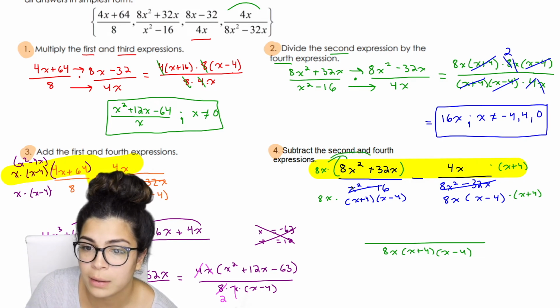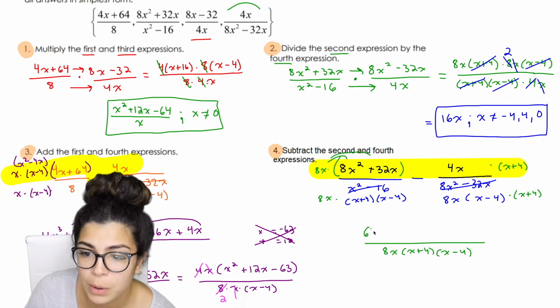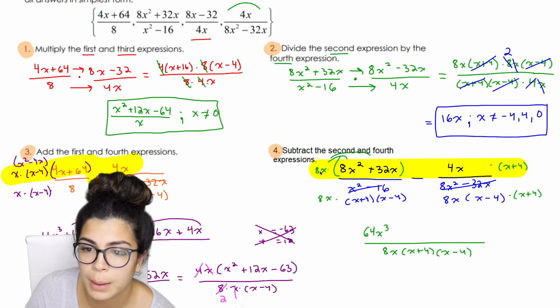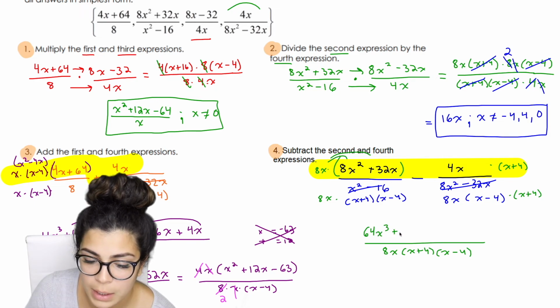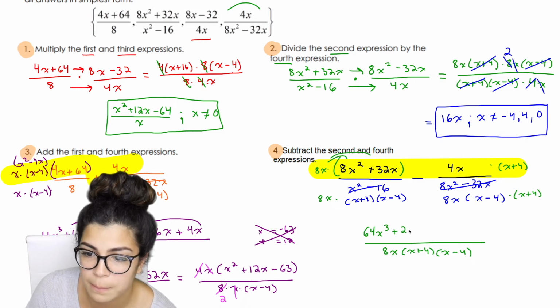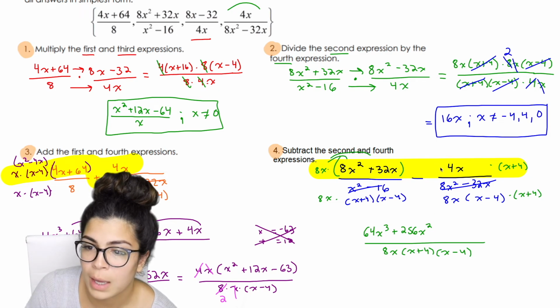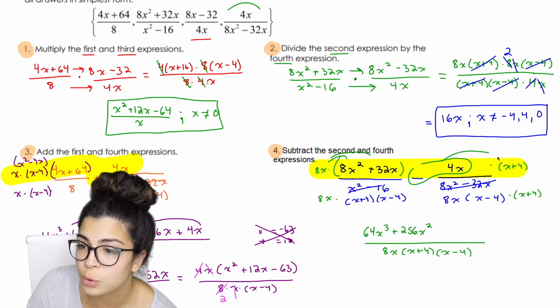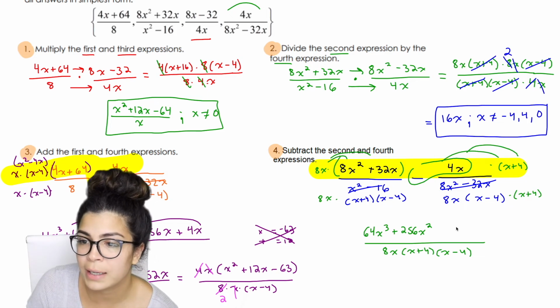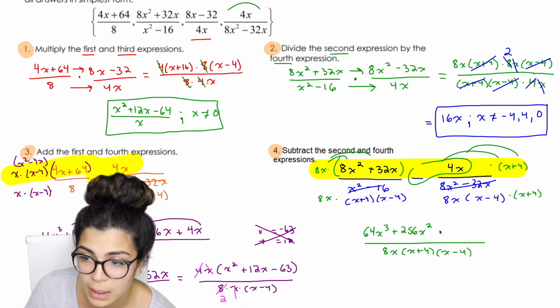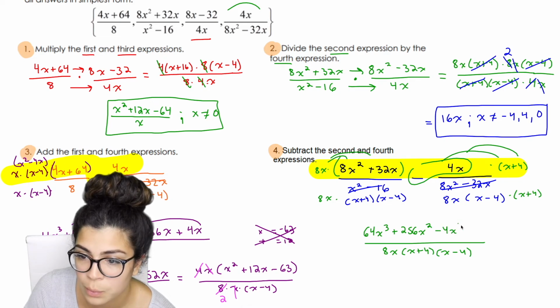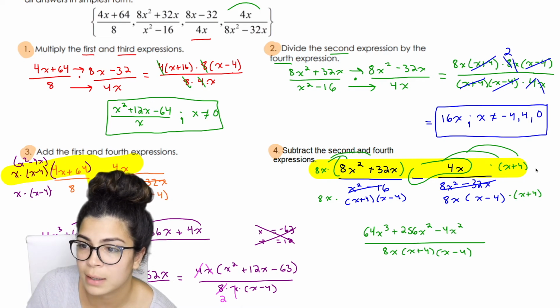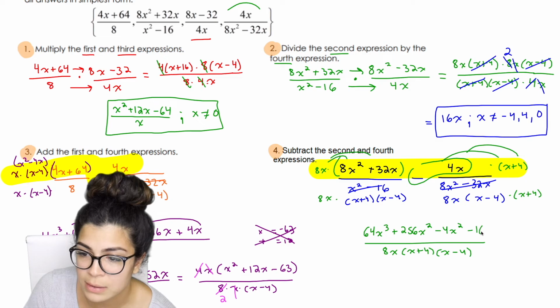So we end up with 64x cubed plus 8 times 32 is 256x squared. And then you want to distribute the negative to both of those. So negative 4x times x would be negative 4x squared, and negative 4x times 4 would be negative 16x.